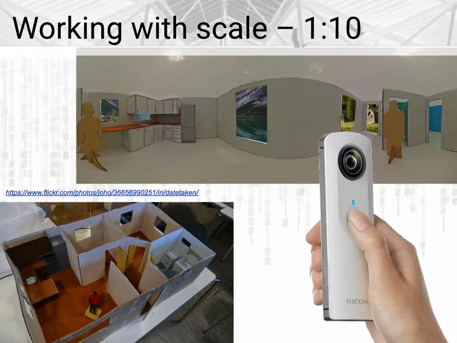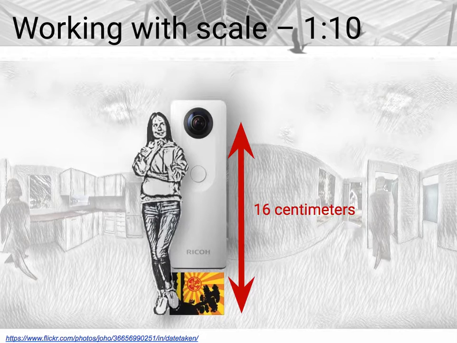Another example, which we have done quite a few times in arts and design, in architecture. Students build a small model out of cardboard, and we place the camera inside the model, and the idea is like this.